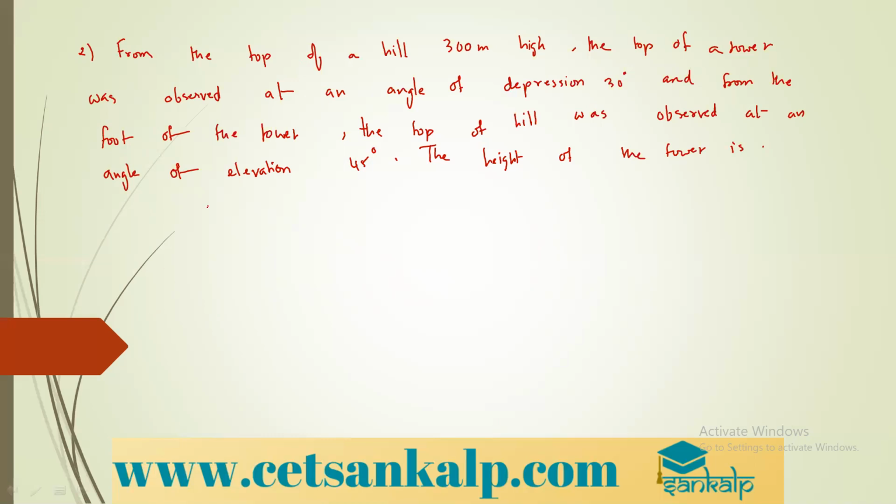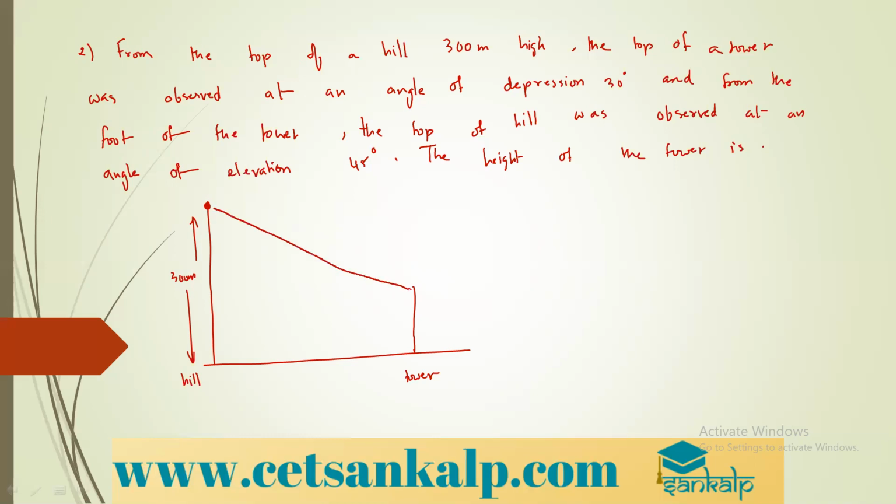So first of all, it is clear that the hill is taller than the tower. This is hill and this is tower. Why am I saying hill is taller than the tower? What did they say? From the top of the cliff, from here, which is 300 meters high, if you look at the top of the tower, then the angle of depression is 30 degrees.